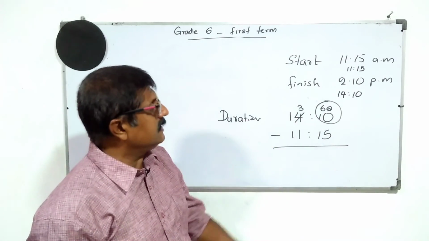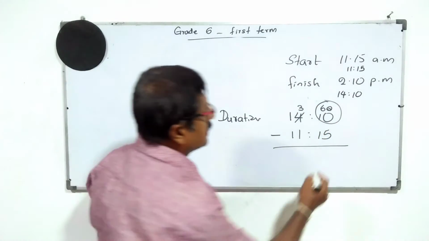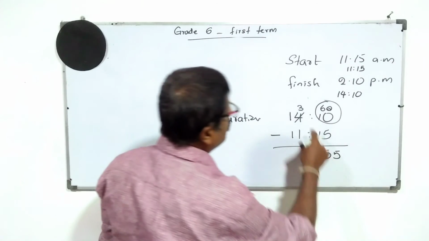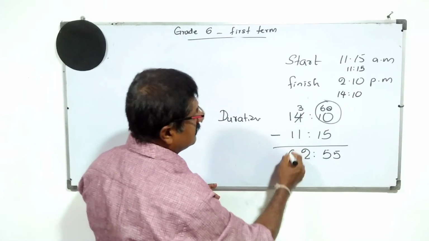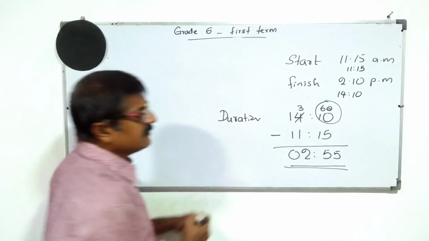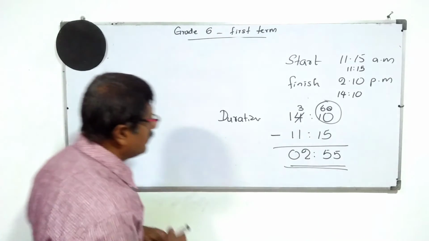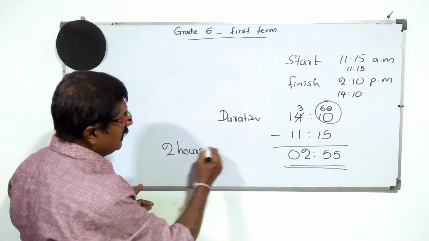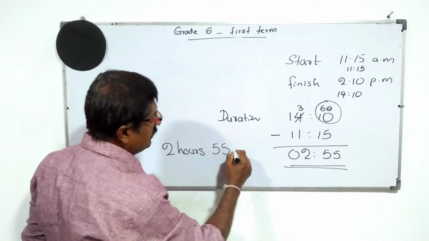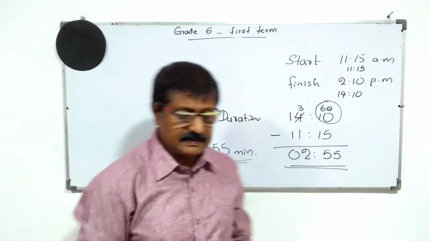Now from the 70 you have to subtract 15. Then it becomes 55. Now from 13 take 1, that is 2. Then what is the time that he has spent for writing this essay? 2 hours and 55 minutes. Like that you have to write the answer.